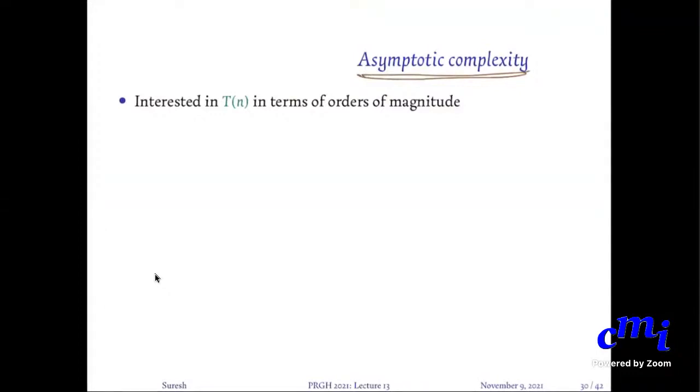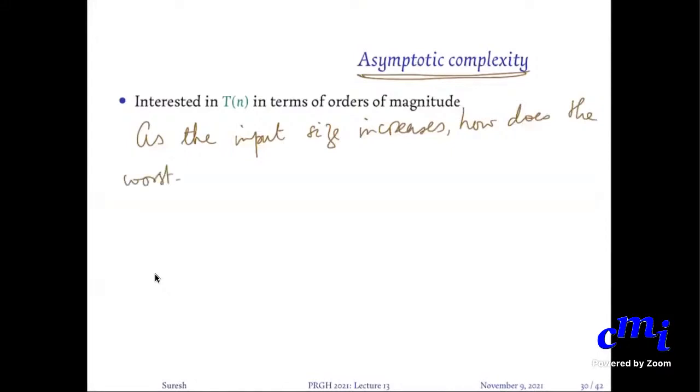You are not interested in the precise number of steps taken by the function on every input size, but all you are interested in, as the input size increases, is how does the worst case number of steps needed increase?